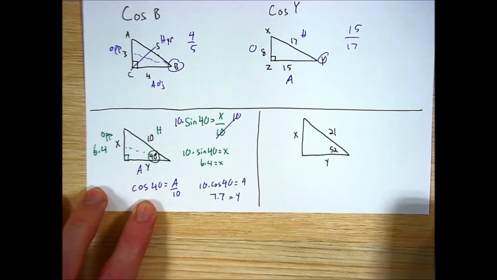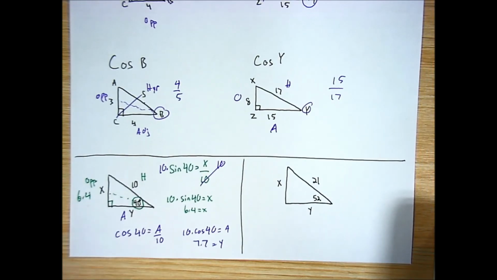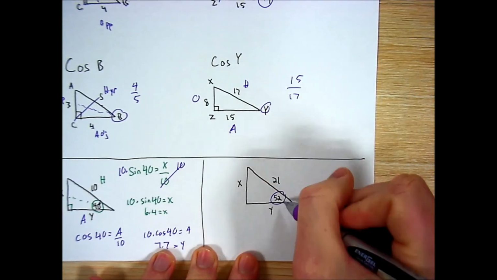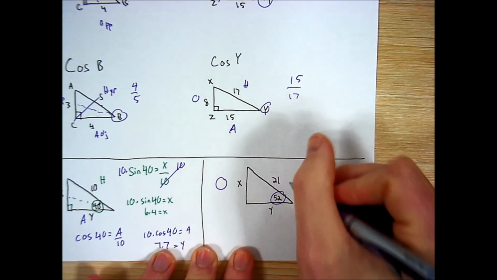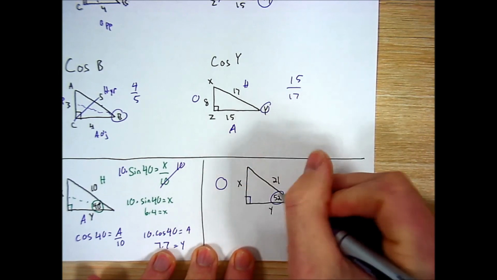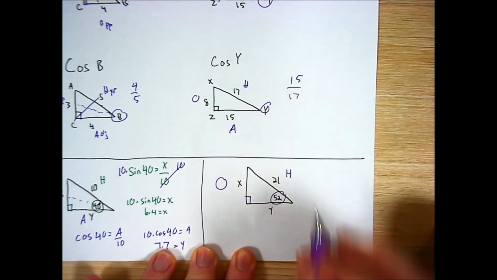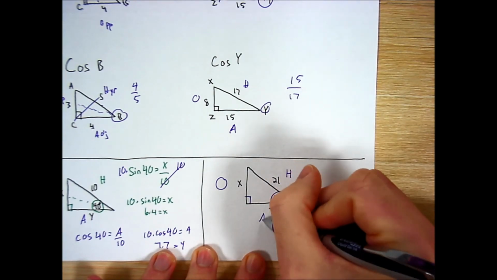Let's take a quick peek at this one right next to it. Another one very similar. Here's 52 degrees. Across from it is my opposite. Another one I forgot: the right angle box. So this one is the hypotenuse. That makes this side the adjacent.